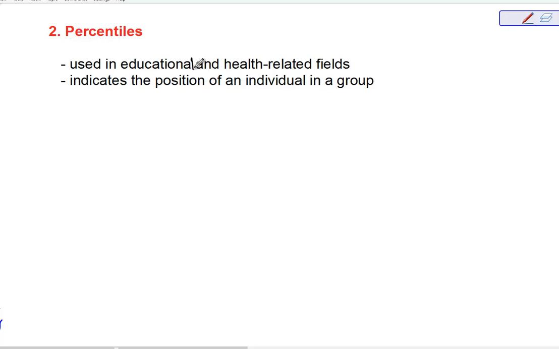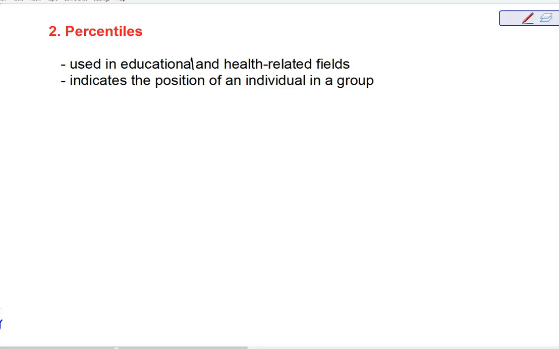Well, how do we get those percentiles? Basically, we're taking everybody and breaking them up into 100 equal groups, and then based off of that, putting your child or yourself into one of those categories.